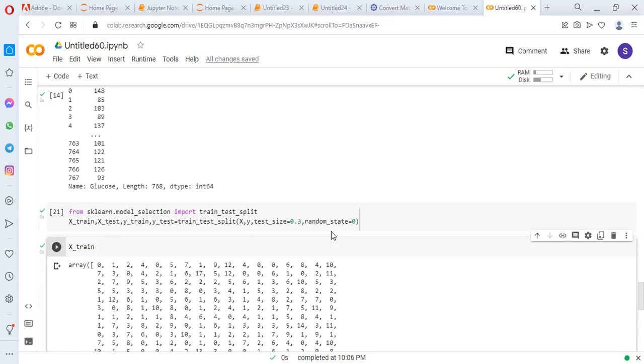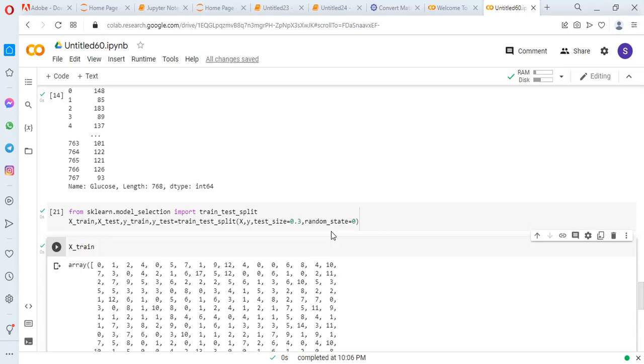So we use the train_test_split function, and we are splitting both the two variables, x and y, keeping the test size at 30% and 70% for building the model.